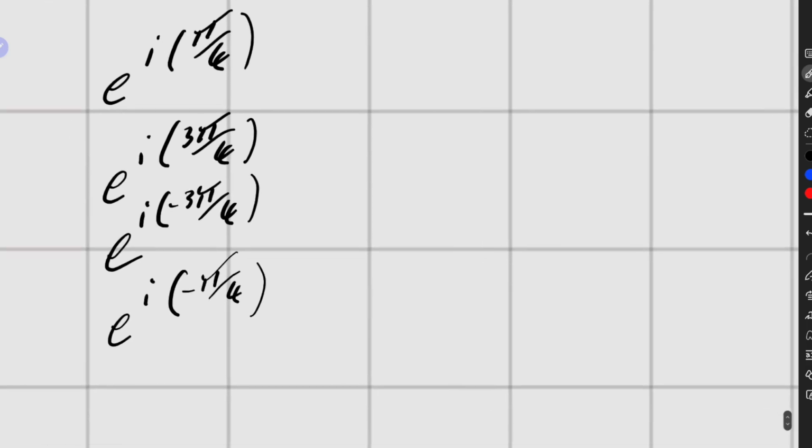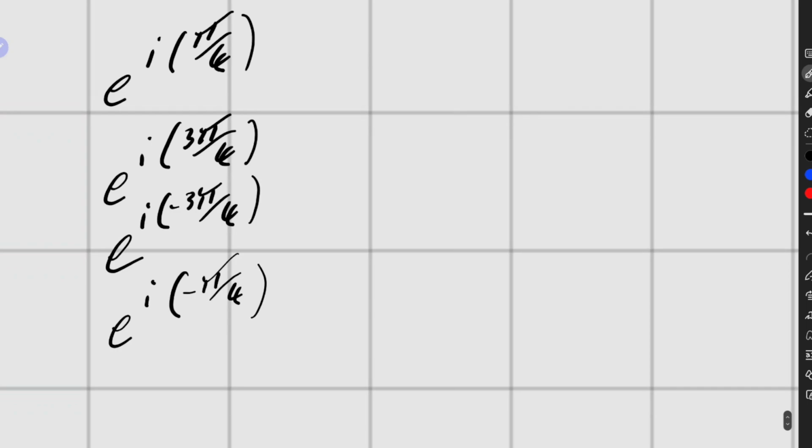So you have e to the iπ on 4. To get the x component, it's just going to be 1 times cos of π divided by 4, which is equal to root 2 on 2.